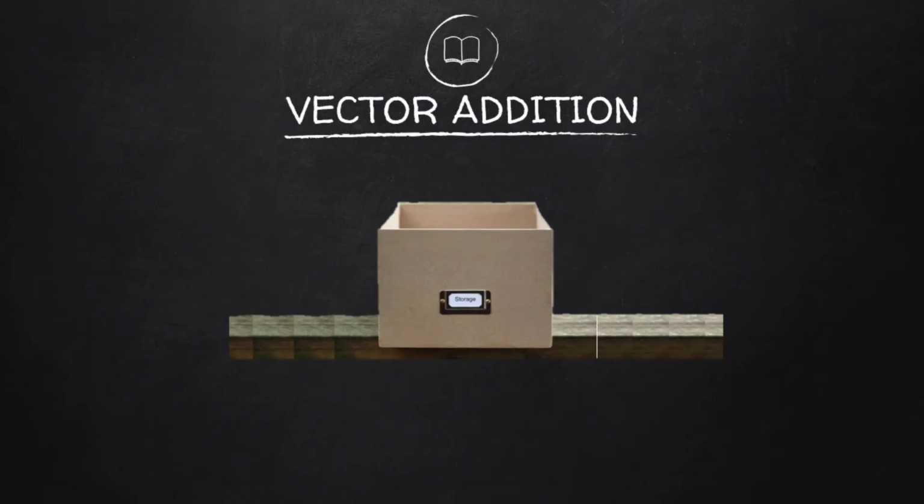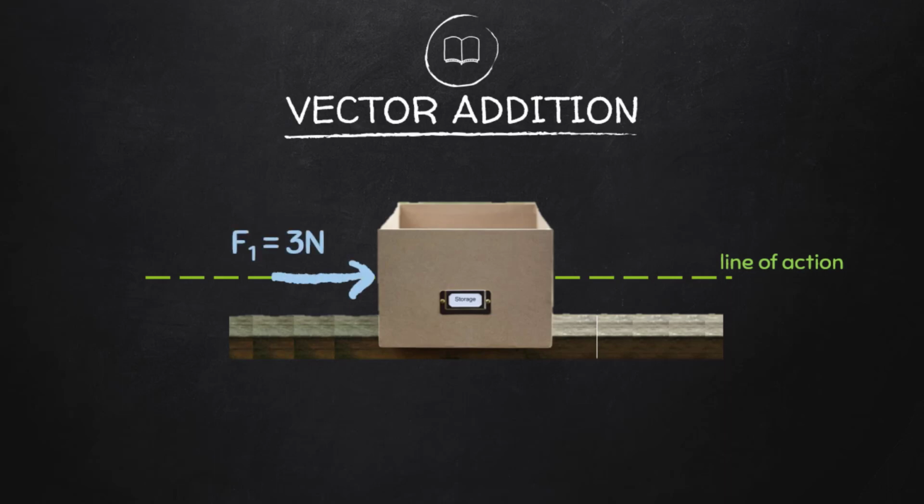Consider another box, the same line of action, and force 1 equal to 3 newtons pushing the box to the right, and a force 2 pushing the box to the left, having a magnitude of 2 newtons. To find the resultant, we will just add the values of these two forces considering its direction.